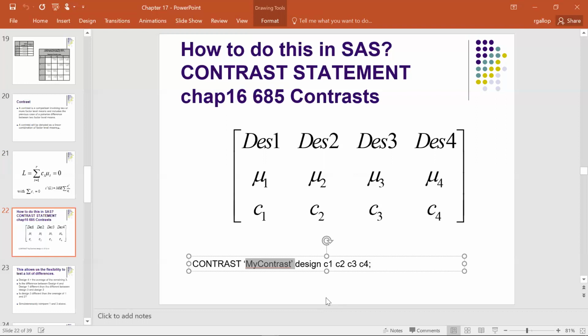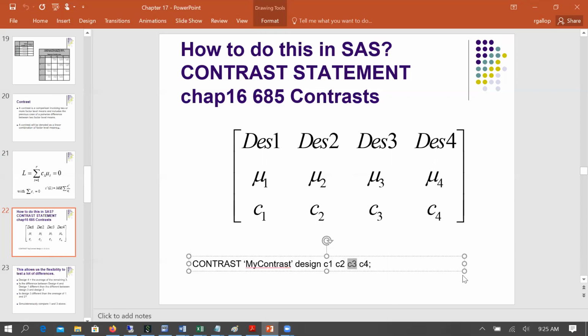Just be consistent. Then we have the factor variable, the variable in our class statement, in this case design. And then we have the coefficients for each of the cells. The first coefficient is the coefficient for design 1. The second number is the coefficient for design 2. The third number, the coefficient for design 3.